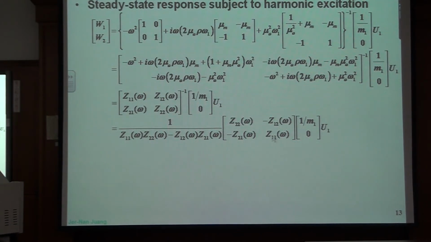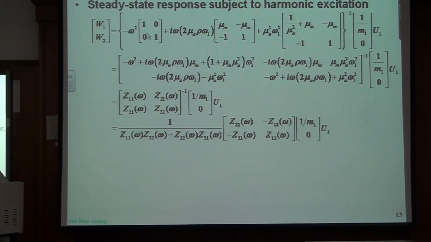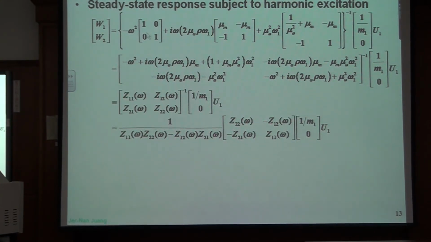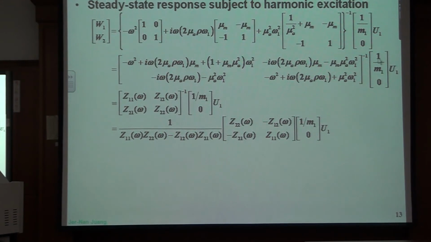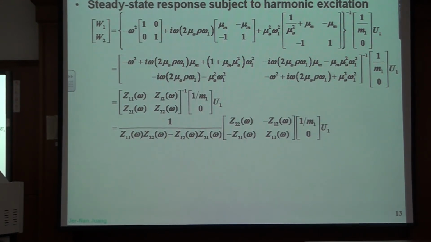So what I write is, I have an i here, and if I substitute E e^{iωt} in, then I get these equations. Then there's a minus 1 here, so I add them all together. I call this Z11(ω).